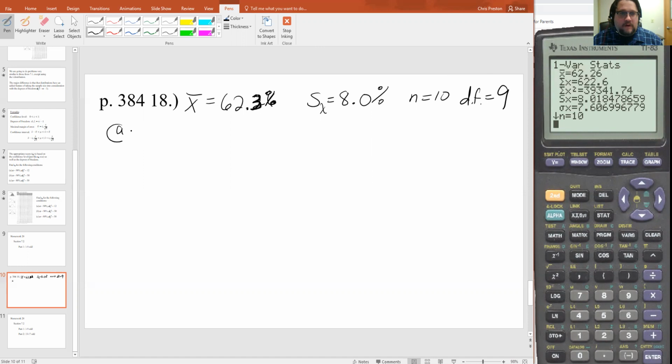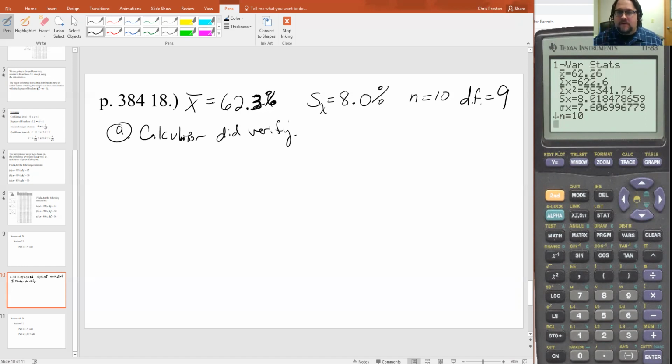So part A for 18 asks us to use a calculator with mean and sample standard deviation keys to verify this. The calculator did verify. I think all of these are going to verify. If you don't have a calculator that does it, how am I going to know?